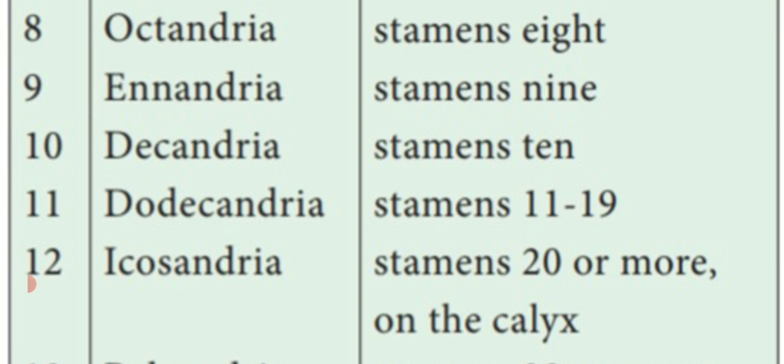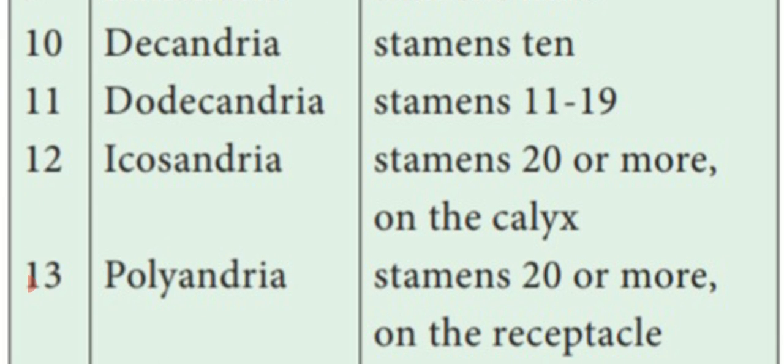Then Dodecandria, stamens 11 to 19, Icosandria, stamens 20 or more on the calyx, Polyandria, stamens 20 or more on the receptacle.